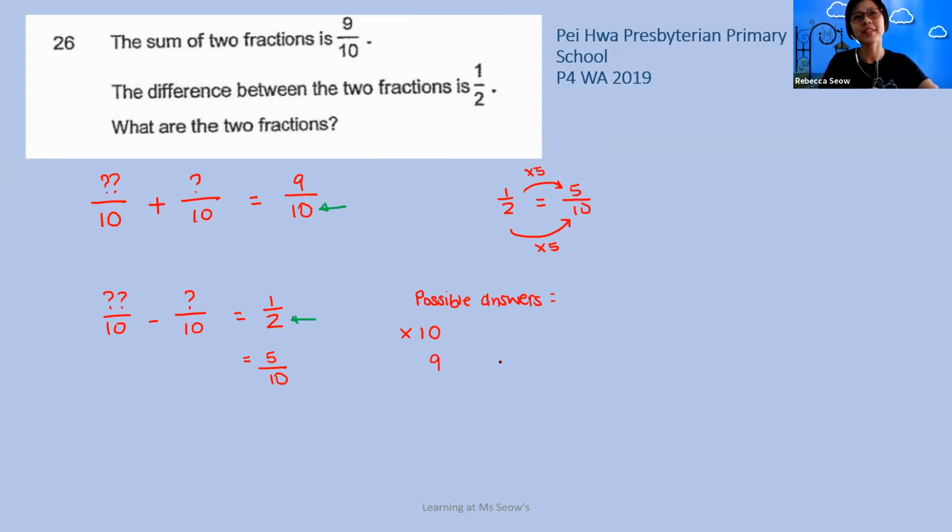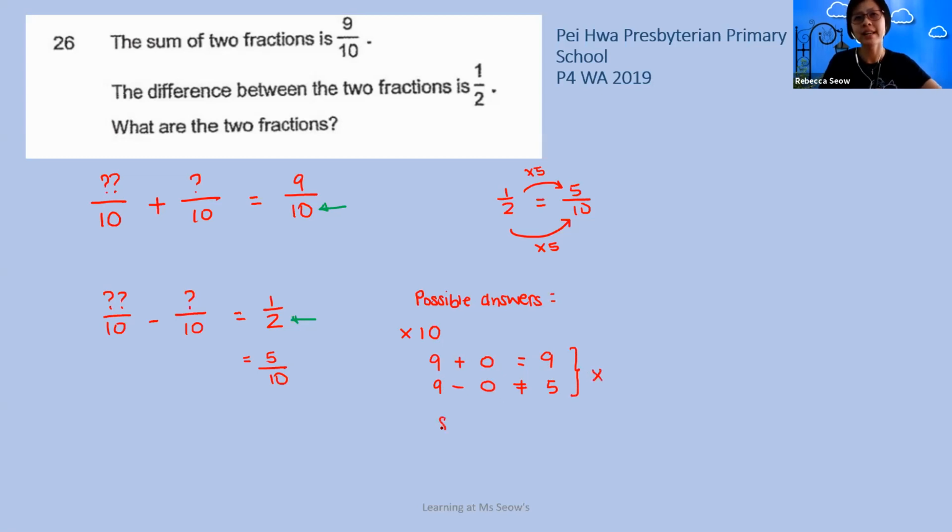If the first numerator is 9, 9 plus 0 will give you, yes, a numerator of 9, but 9 minus 0 does not give you a numerator of 5. So this combination of 9 and 0 is out.